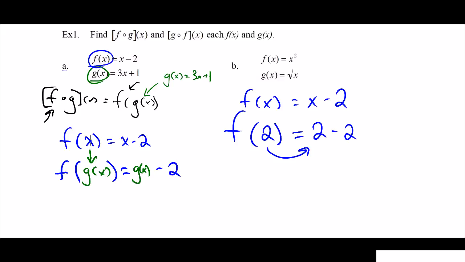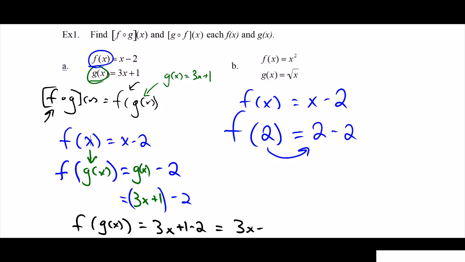Our g of x is equal to 3x plus 1, minus 2. So our new function, f of g of x, is equal to 3x plus 1 minus 2, which is equal to 3x minus 1. So that's going to be our new function, and that is the answer that we're looking for.